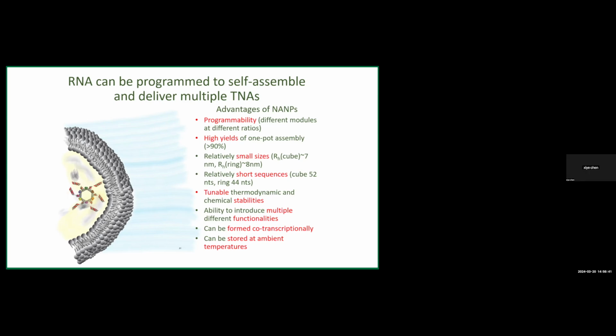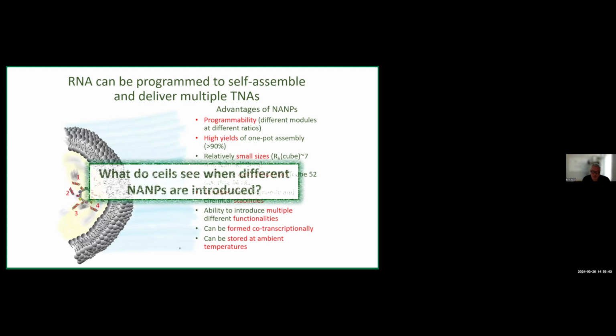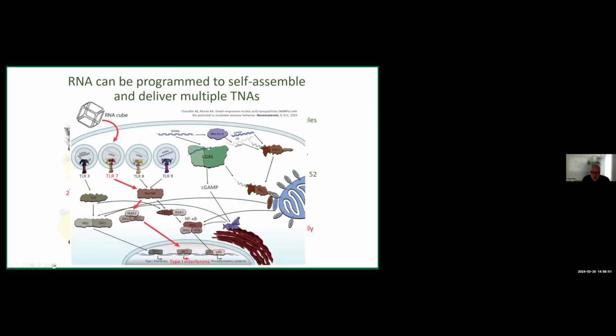This versatility brings a question: what do cells see when different nucleic acid nanoparticles are introduced? That's a very good question, because immune cells are equipped with an extensive portfolio of so-called pattern recognition receptors that detect foreign nucleic acids. Those PRRs, or pattern recognition receptors, can be present both in the cytoplasm and in endosomes as different lines of defense.